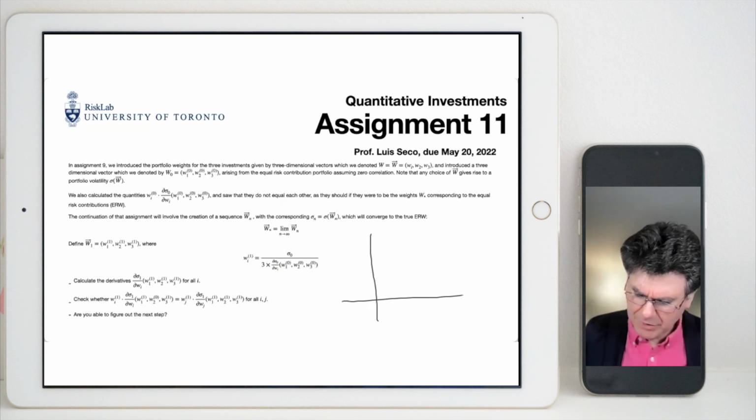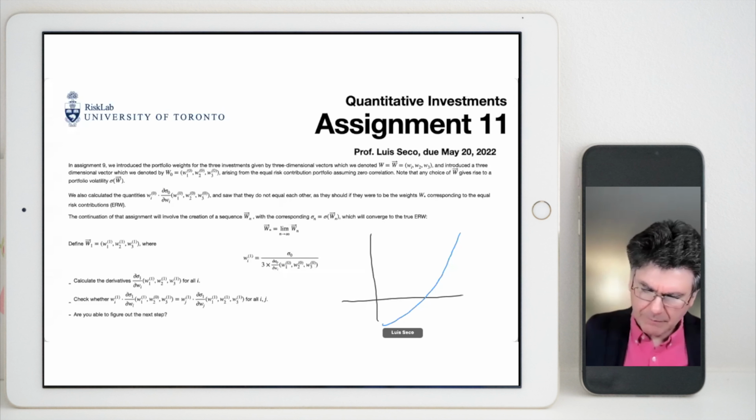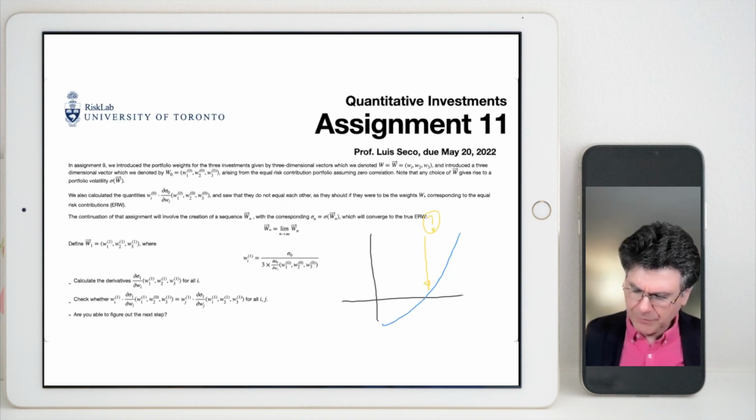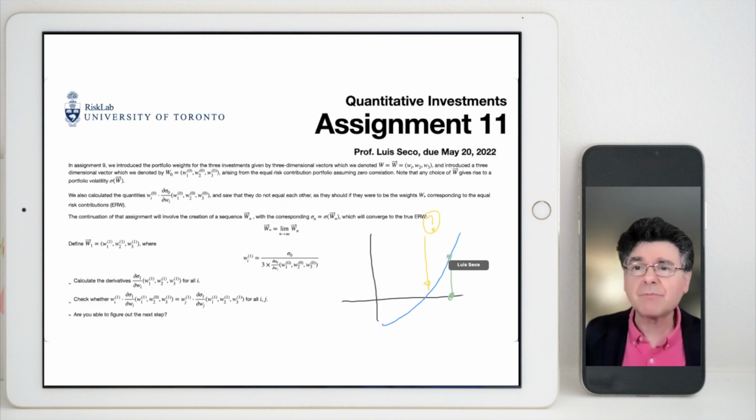When you have a function like this, and you want to find that intersection point, how do you find it? You pick one, for example this one, which may be close, but it's not equal to what you're looking for, and then you see that the value is not 0.